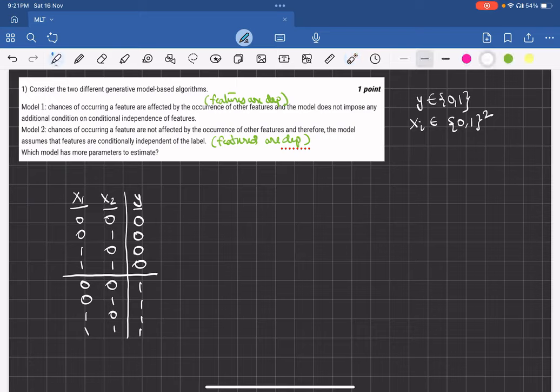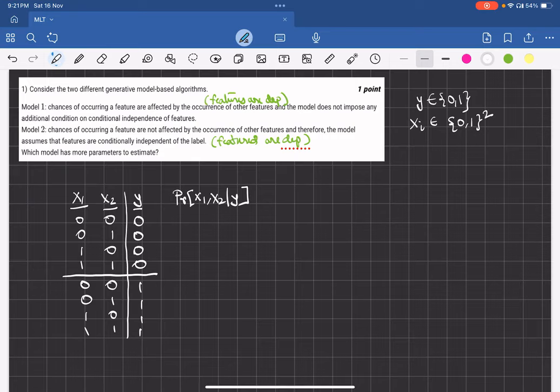Our objective is to estimate the probability of seeing this data point, say x1, x2, given y. So we have to estimate these probabilities. Once we estimate them, given a new test data point, we can say which one has high probability, and that will be our test label. So let's see how to estimate these probabilities.